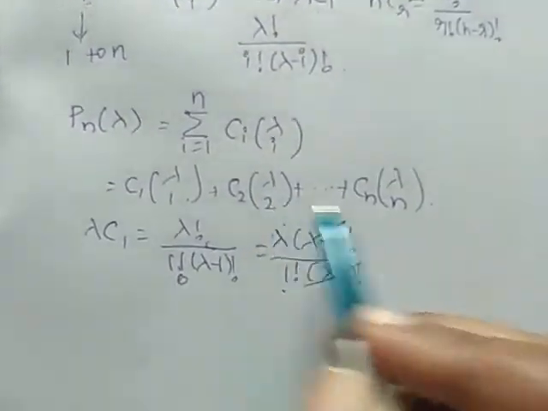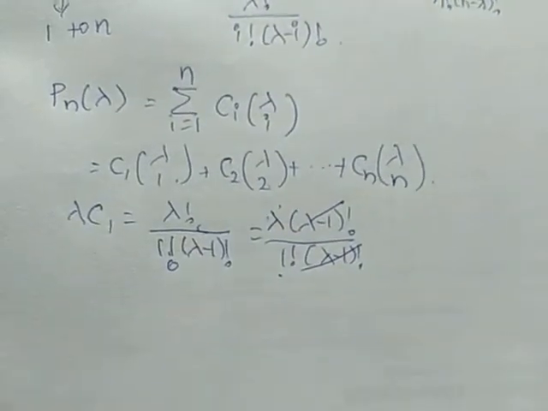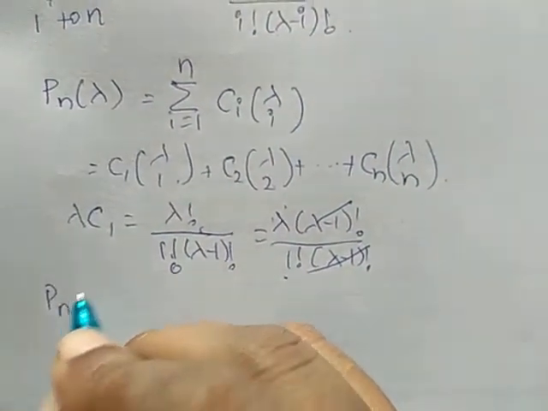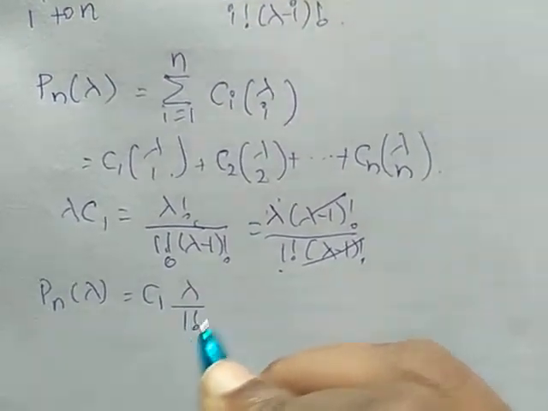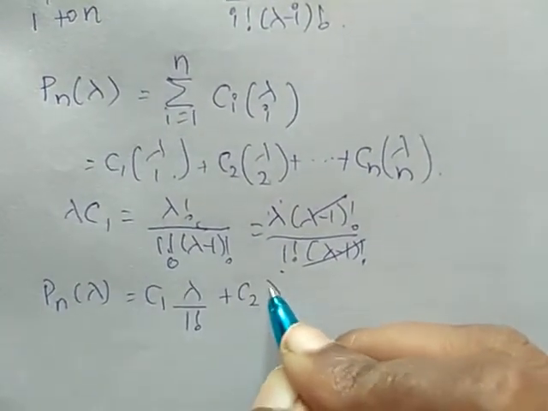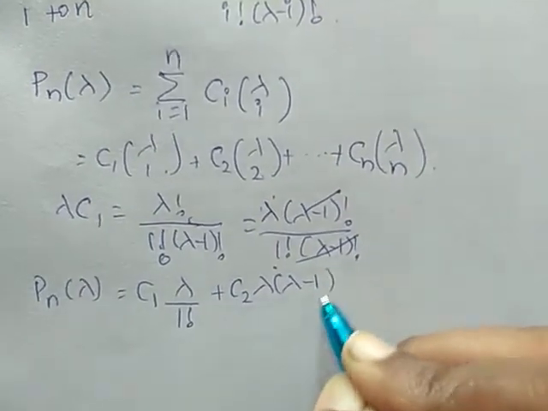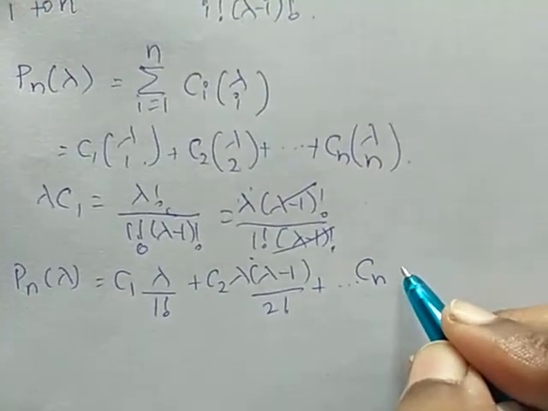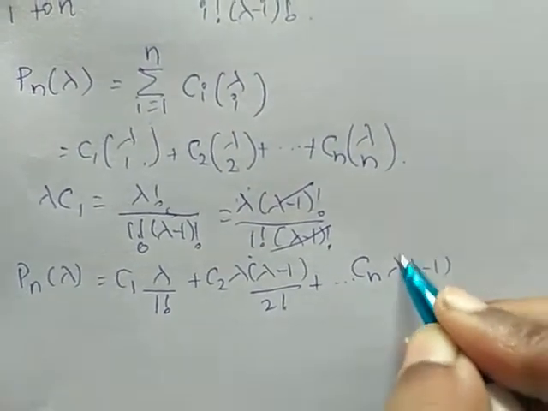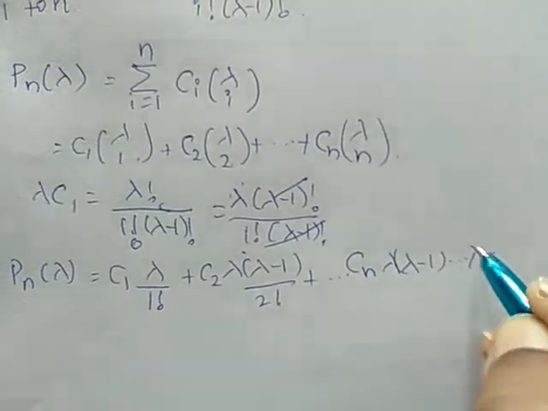So similarly, if we find all these values, we will get chromatic polynomial as C1 lambda by 1 factorial plus C2 lambda into lambda minus 1 by 2 factorial etcetera. Cn lambda into lambda minus 1 etcetera lambda minus n minus 1 by n factorial.